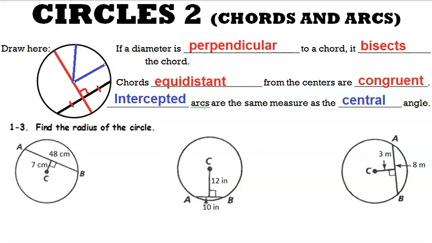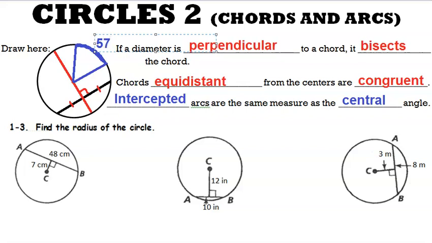And let's say this measure right here is, let's throw this out here, let's say it's 57 degrees. That means the arc that it intercepts, as in the arc that is cut off by it, is also going to be 57 degrees.